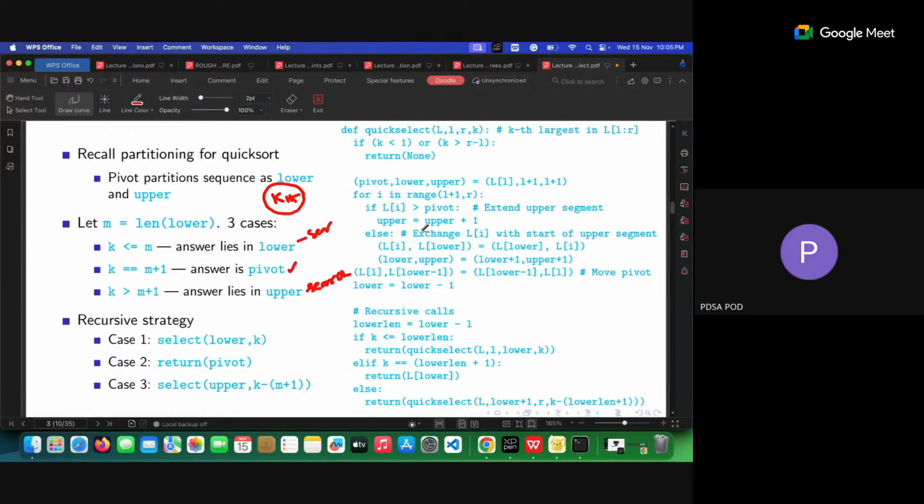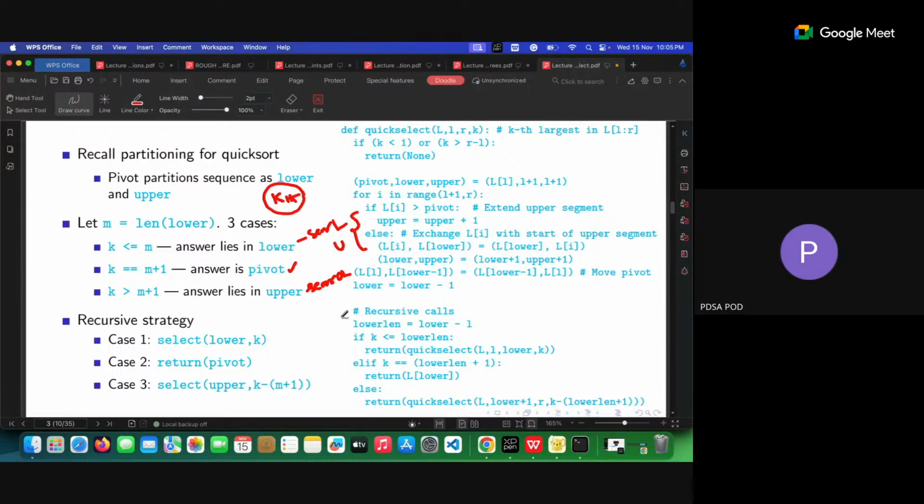Look here. When you compare the pivot with the left part, it is bigger and the pivot is smaller, so we go for the upper part. Similarly, exchanging is done and we go to the lower part also. That is what is happening, similar to quicksort, going to the lower part or the upper part.